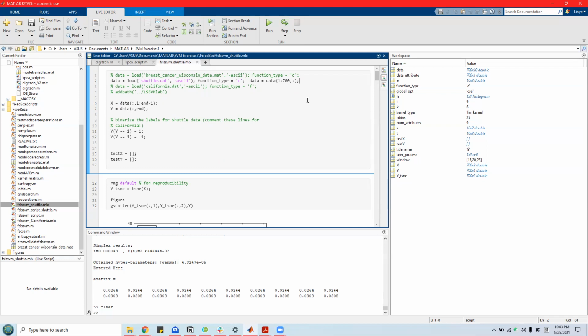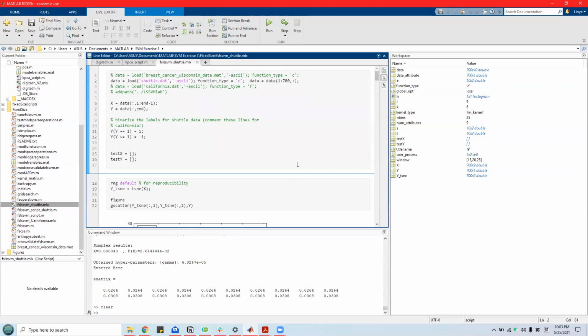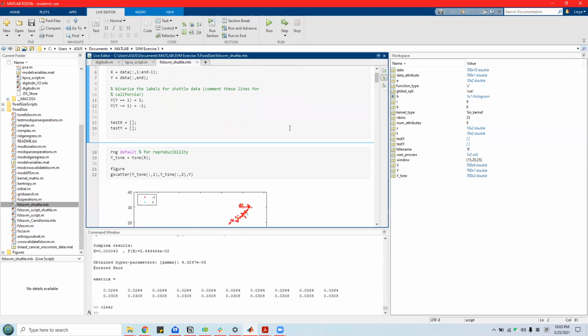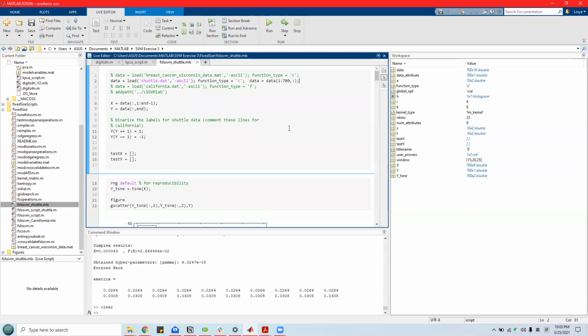But I wouldn't say there would be much difference even if you change it. Yes, I believe. I also think the 700 is random. Maybe you just think it's some special number, a special setting here.